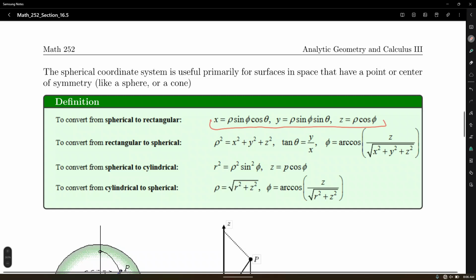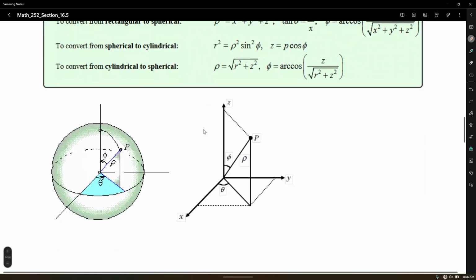They look big and complicated, but this is just a result of using basic trigonometry. For this, we're going to use the images below. Again, what do we have? Number one, we have the radius rho, which is not the same radius as the circle.